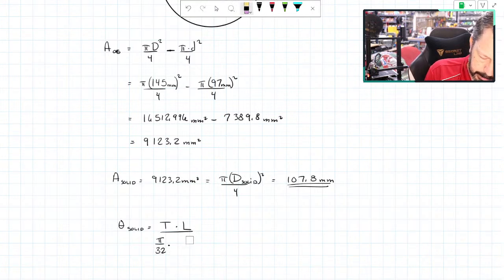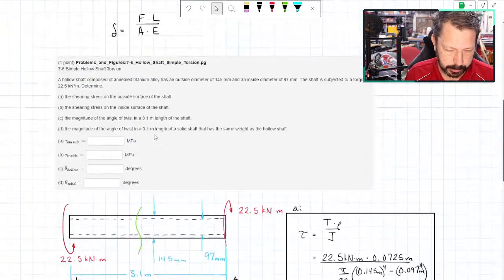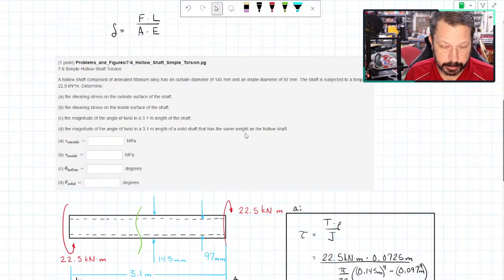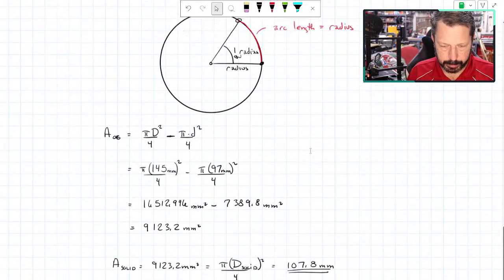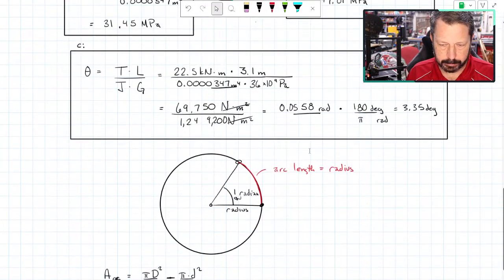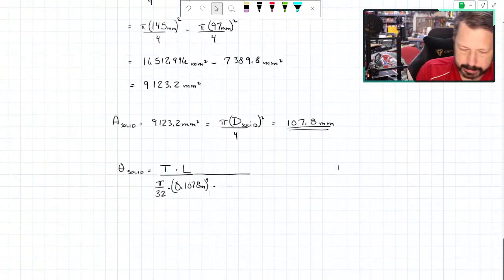Actually, let's convert that to meters: 0.1078 meters to the fourth. It's the same material, so G will be 36 times 10 to the 9th pascals.